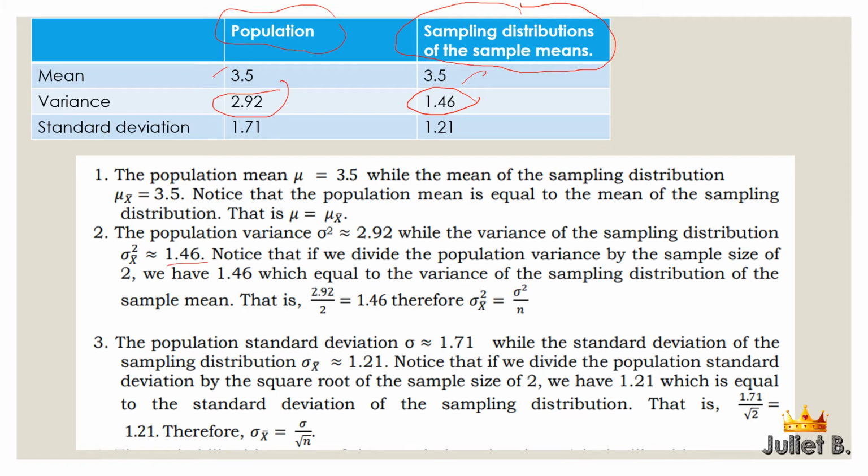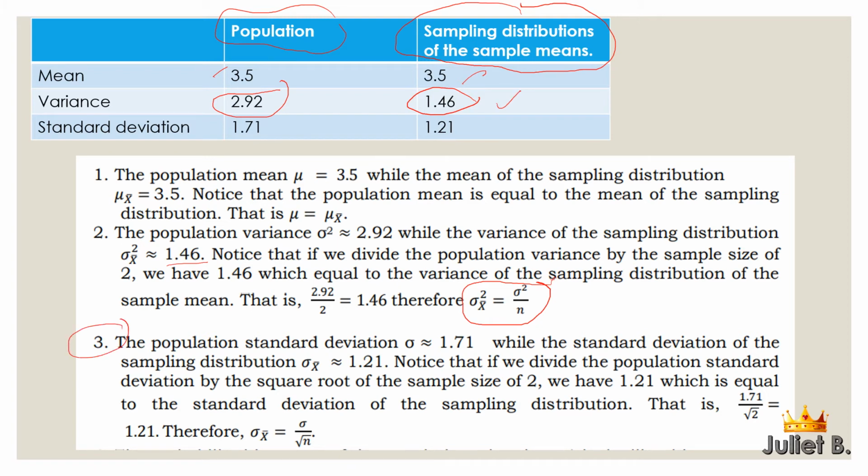That is 2.92 divided by 2 is equal to 1.46. Therefore, meron tayong mas pinadaling formula that if we will find the variance of the sampling distribution, all we have to do is to get the variance of the population divided by the sample size. So, 2.92 divided by 2, makukuha na natin ang variance ng sampling distribution.